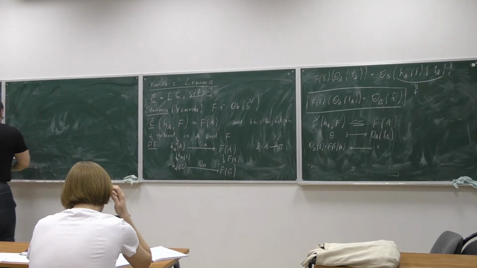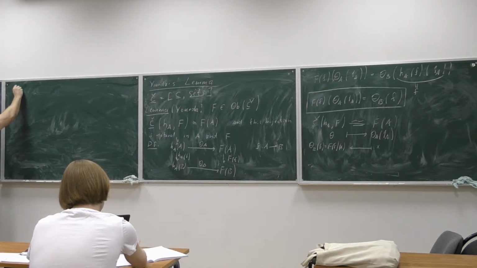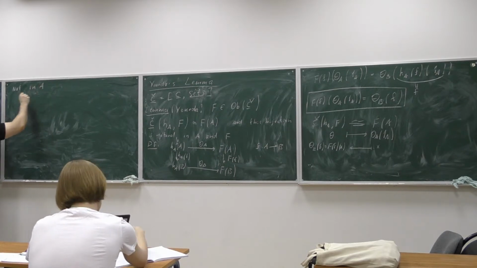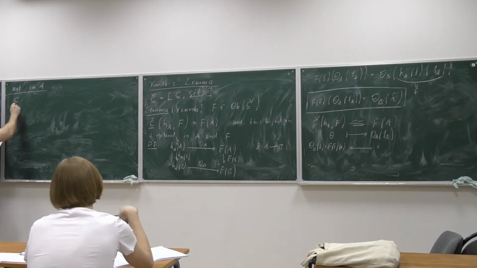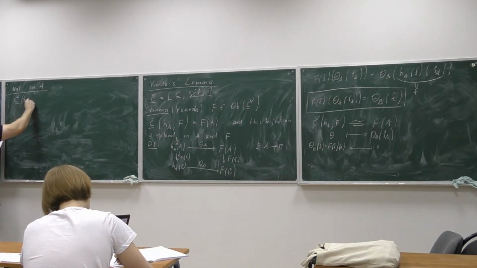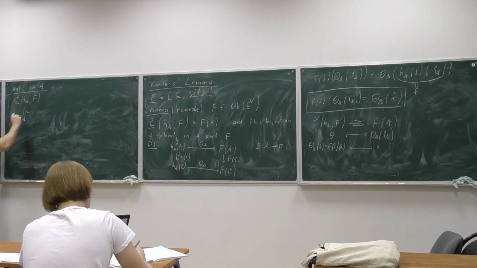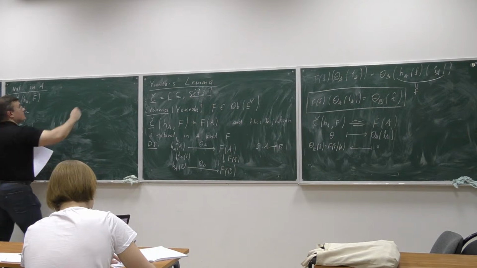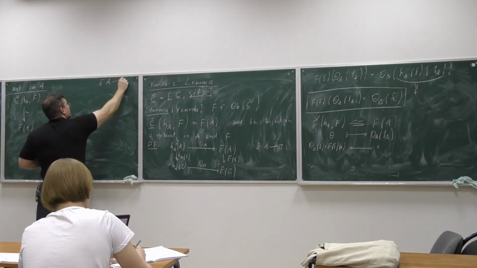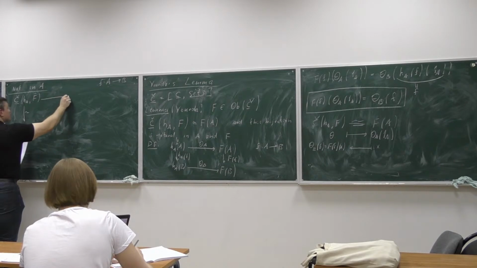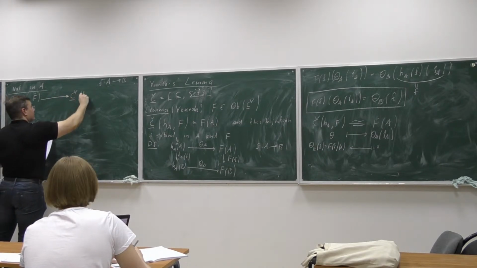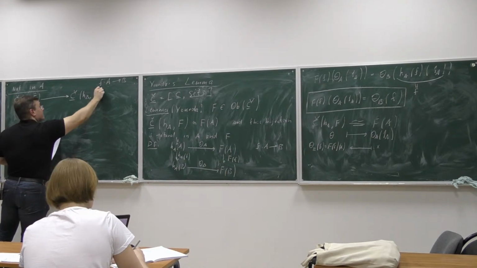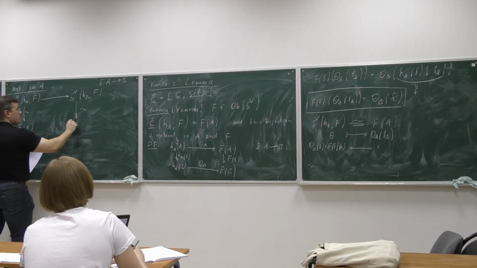Okay. Now I want to check that this is natural in the object A. So more precisely, I need to see that the following diagram is commutative. So this is an isomorphism, as we know, with the F of A. Now I have another object B, as before, f is a map from A to B. So here I have some induced map, H, B, F, and again an isomorphism from the Yoneda lemma.